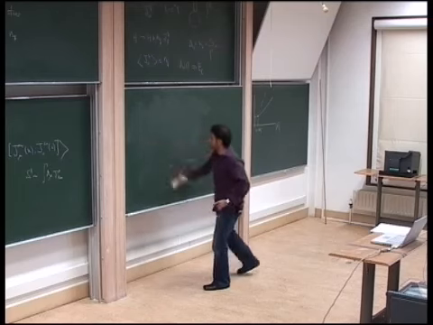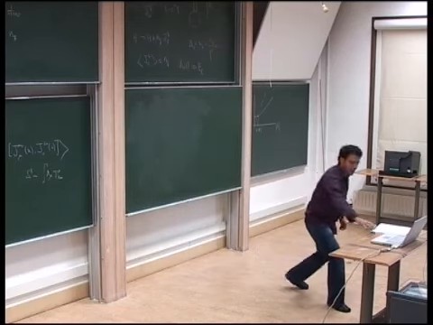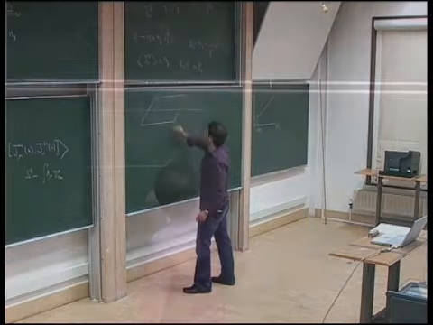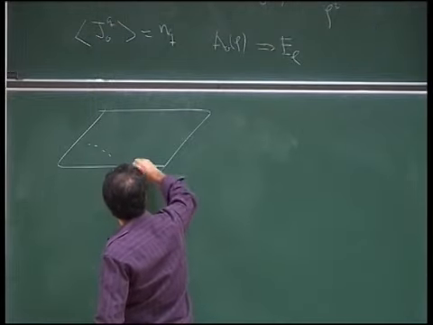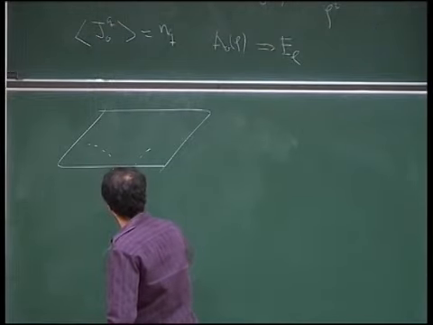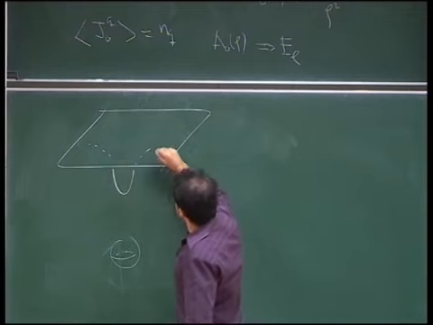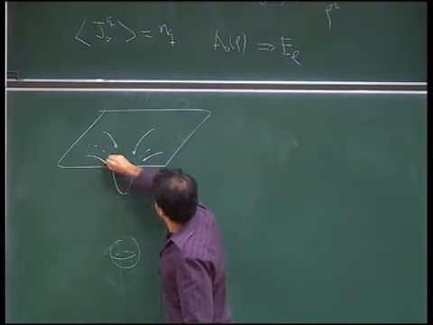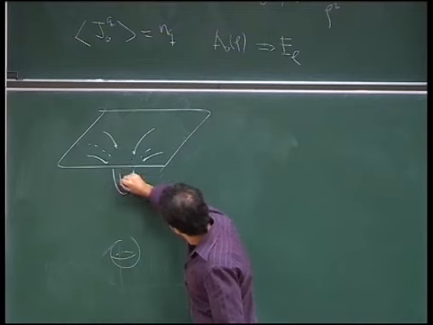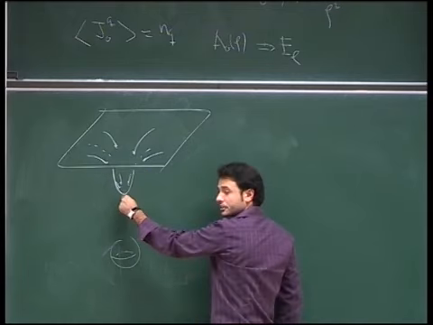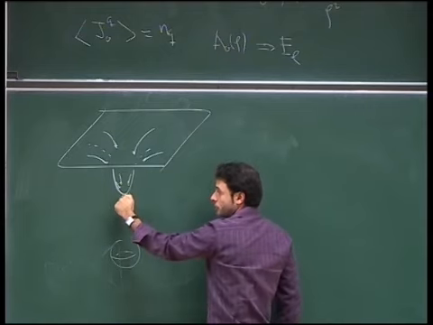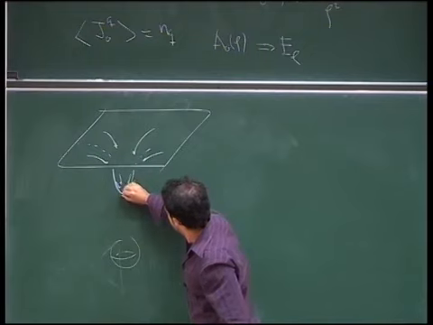If you try to turn on an electric field, a radial electric field, on a Minkowski embedding, then you run into a problem, because it's a radial electric field, and the flux, when it reaches the tip, has nowhere to go.